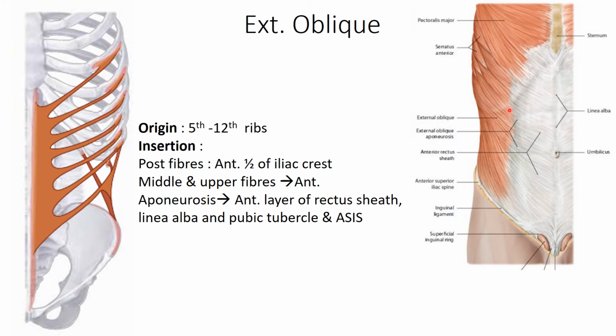Here they form the anterior layer of the rectus sheath, and through it they merge with the linea alba. They insert into the linea alba, this point of decussation, and also into the pubic tubercle, and between the anterior superior iliac spine and the pubic tubercle they form a rolled margin, which is the inguinal ligament.